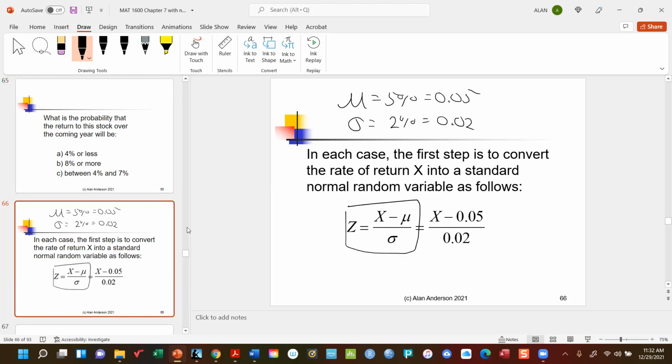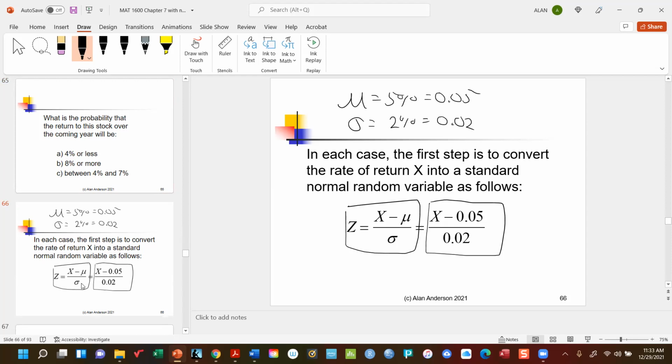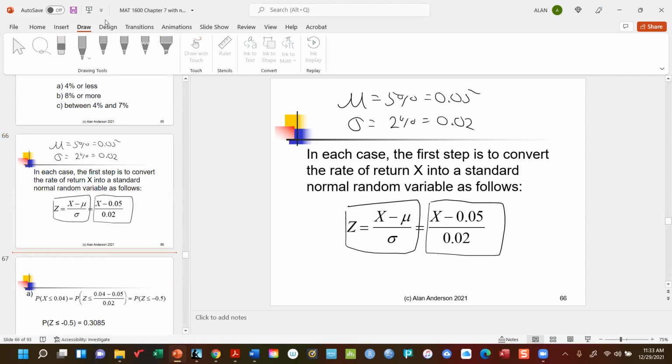In other words, we'll take whatever value we're being asked for, subtract the mean of 0.05, and divide by the standard deviation of 0.02. By doing so, we're creating a standard normal random variable, and then we can use the tables the way we always have. All right, now before we do that though, I want to show you why this is working.